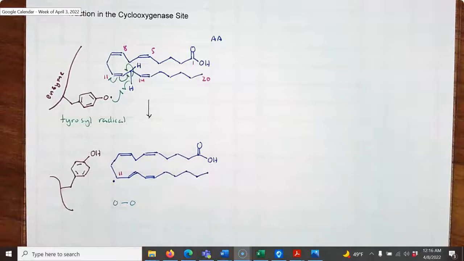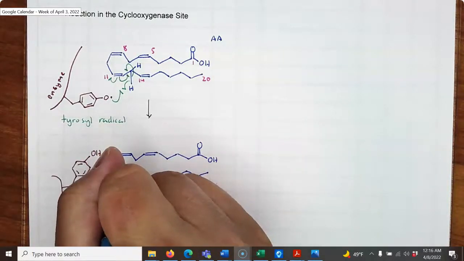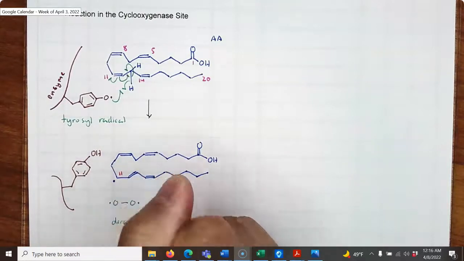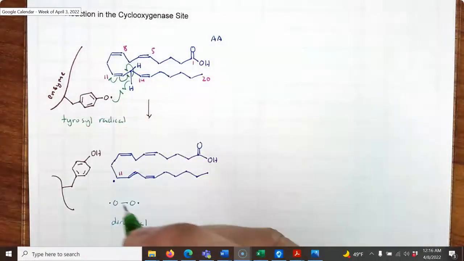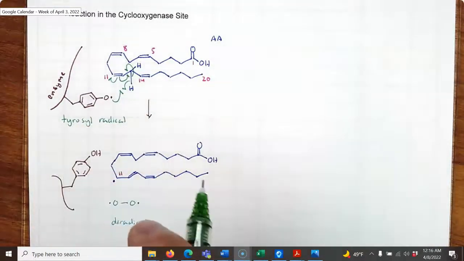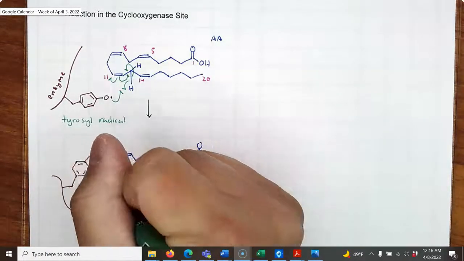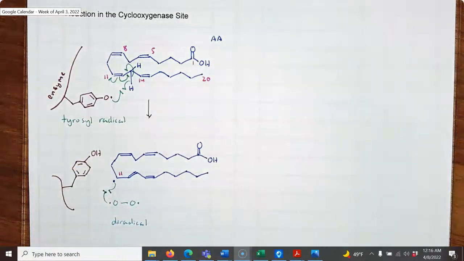This is our first O2, and it's a diradical. What happens is one of the oxygens is going to connect to carbon 11. Pretty simple.